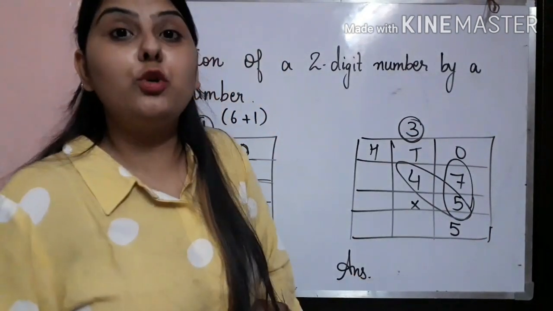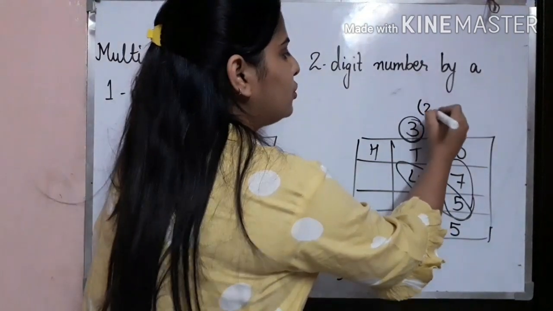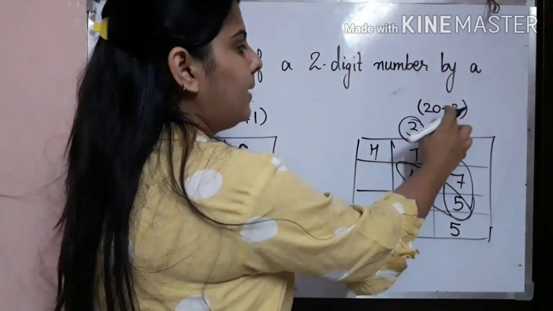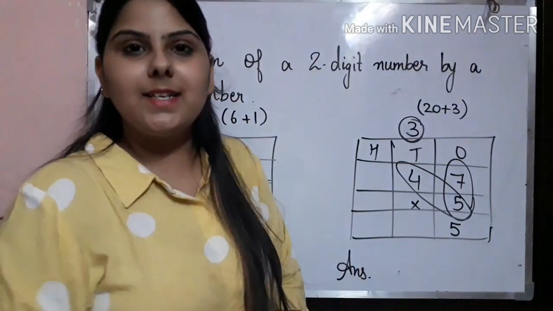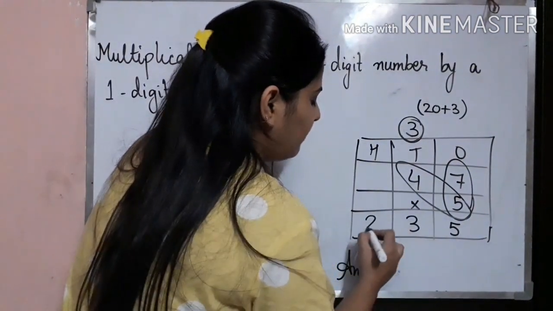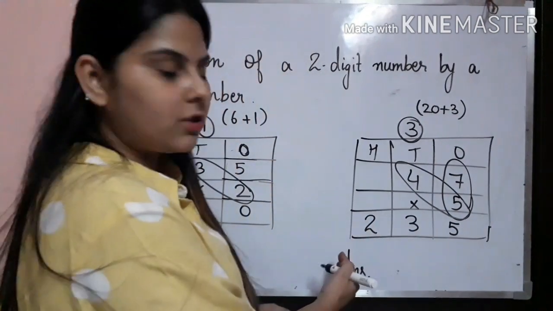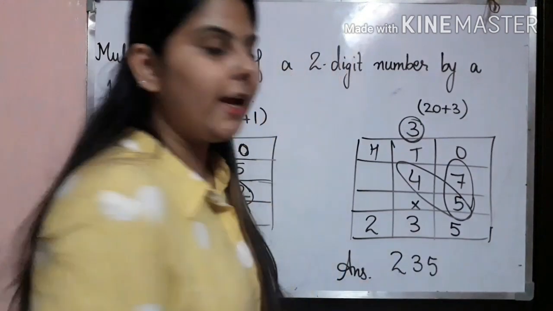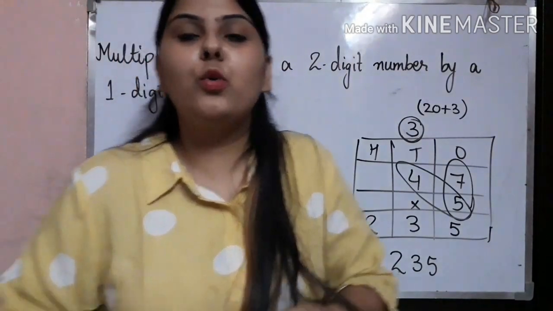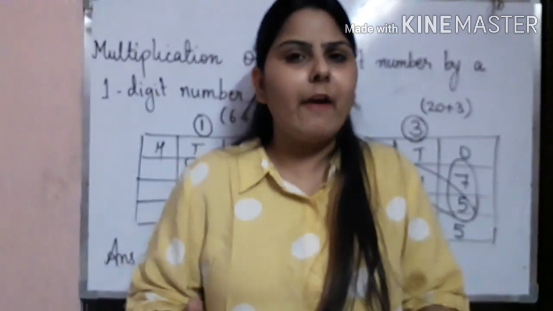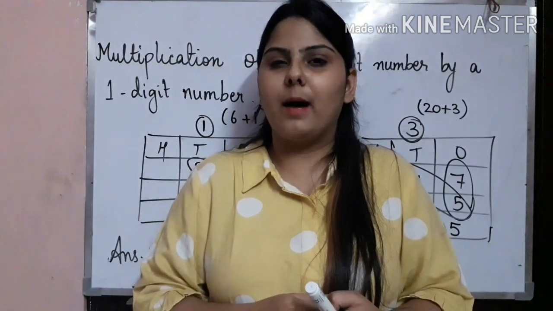So this gives you 20. Add carryover to 20, that is 20 plus 3, which results in 23. So you write 3 in tens column and 2 shifts to the hundreds column. So the answer becomes 235. So I hope now you can all form your own questions and you can carry out the multiplication sums on your own.